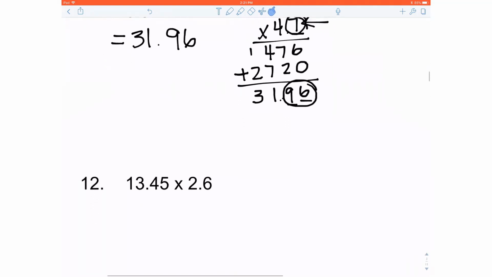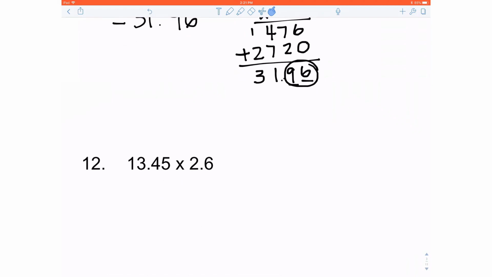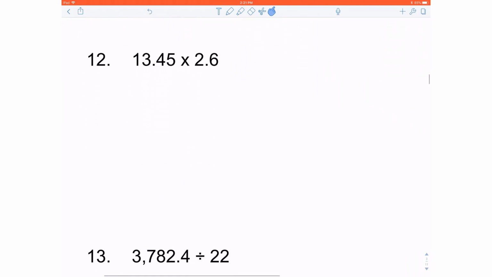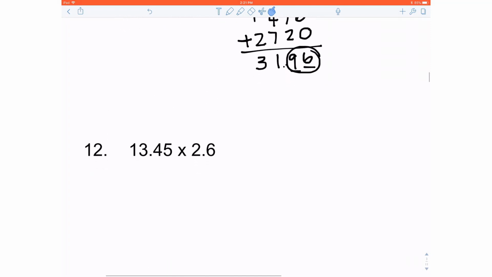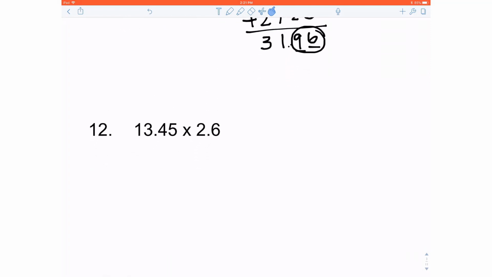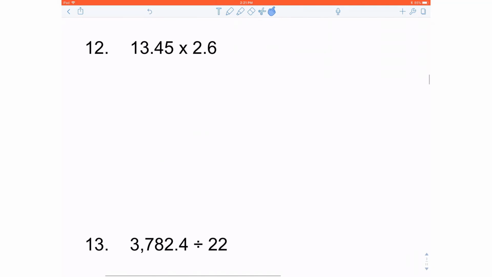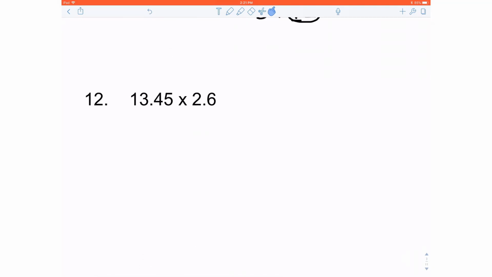Let's go ahead and do 12 together before I unleash you into the world of multiplication. Actually, go ahead and do number 12 on your own because I will go into the world of division soon. So do 12 on your own. Give it a try. I'll give you a second, and then I'll go over it with you briefly, okay?